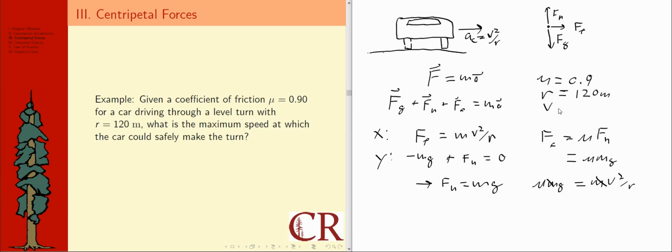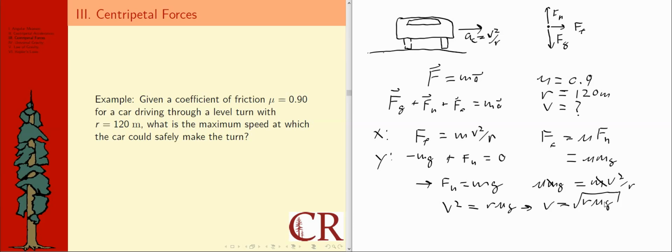So can I solve what's being asked for? I'm being asked for a maximum speed, but given the setup, that means I'm going to solve for v. I can see from this formula that v squared is equal to r times mu g, which implies that v is equal to the square root of r mu g.